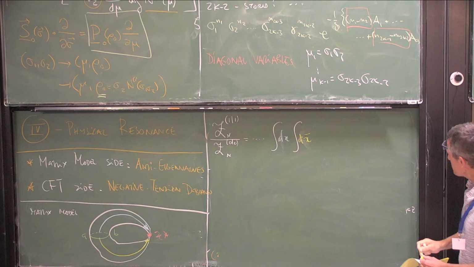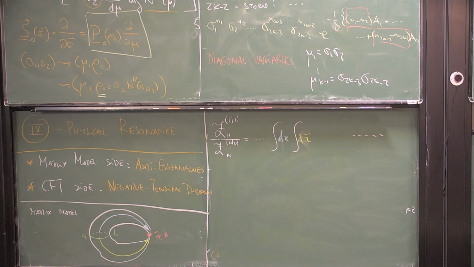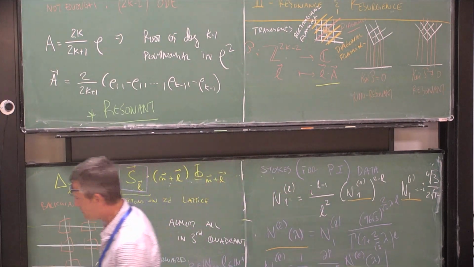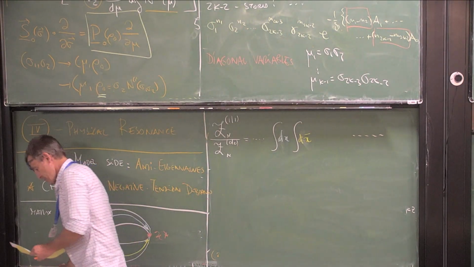And if I do this, there's going to be something here that I need to evaluate from the point of view of the integral, which is basically a correlator of determinant insertions. If you've seen them, fine. If you didn't see them, it doesn't really matter. And the novelty is that what I get here is a pole.